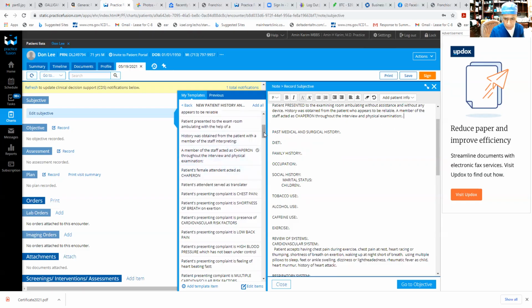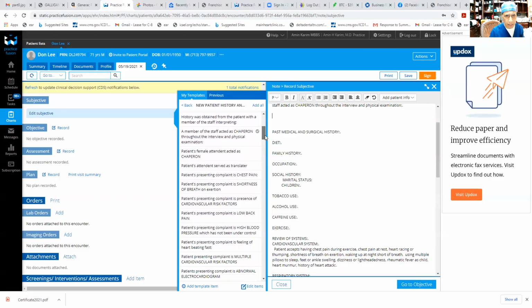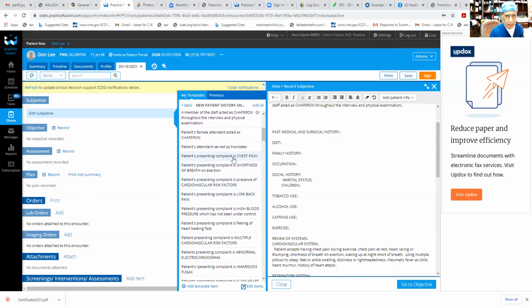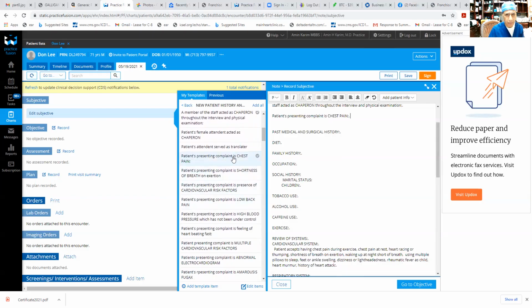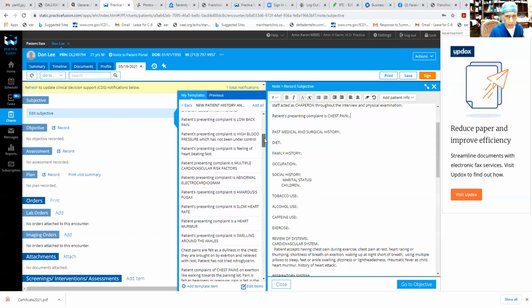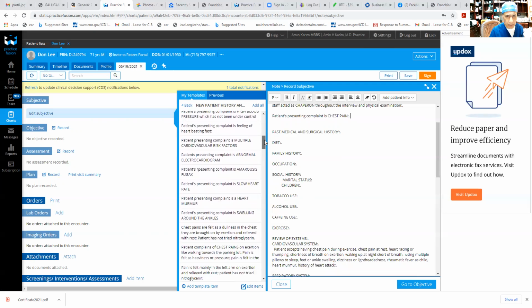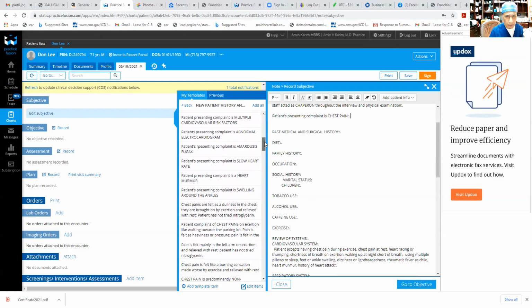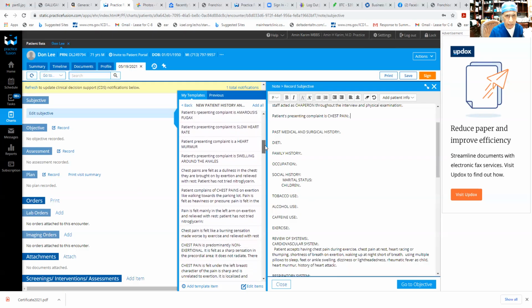And then you create another second paragraph. Okay, leave one line and create another paragraph. Now you write down why the patient presented. Patient presenting complaint is chest pain, let's say, or shortness of breath, or multiple cardiovascular factors, high blood pressure, and heart beating fast, abnormal EKG, slow heart rate, heart murmur, swelling around the ankles.